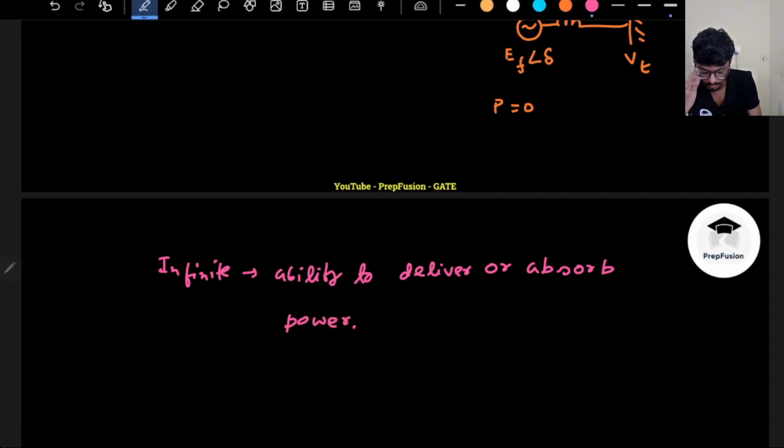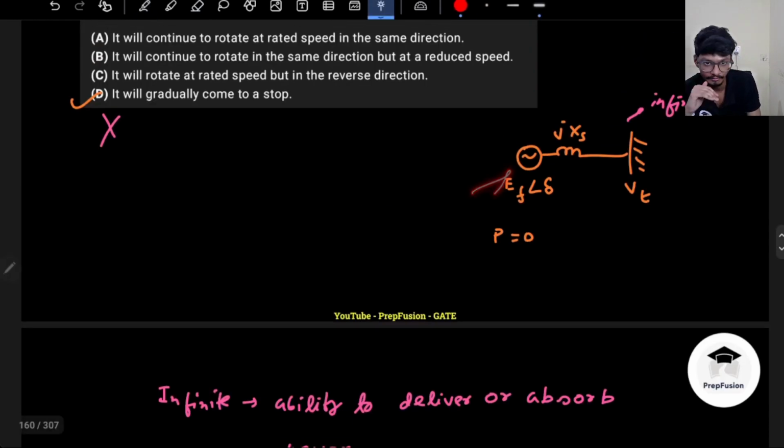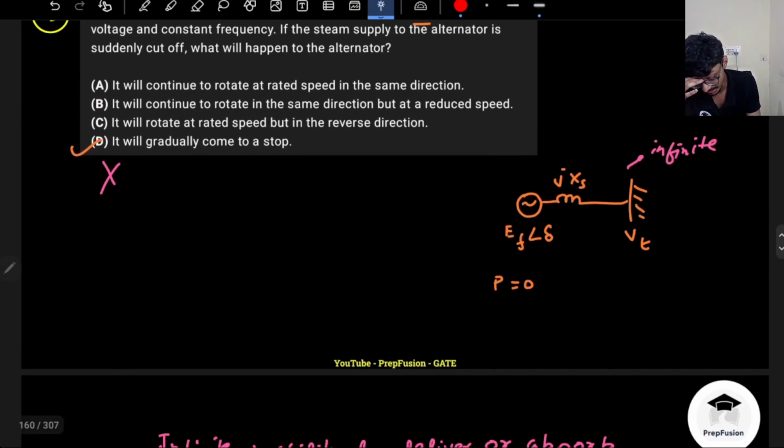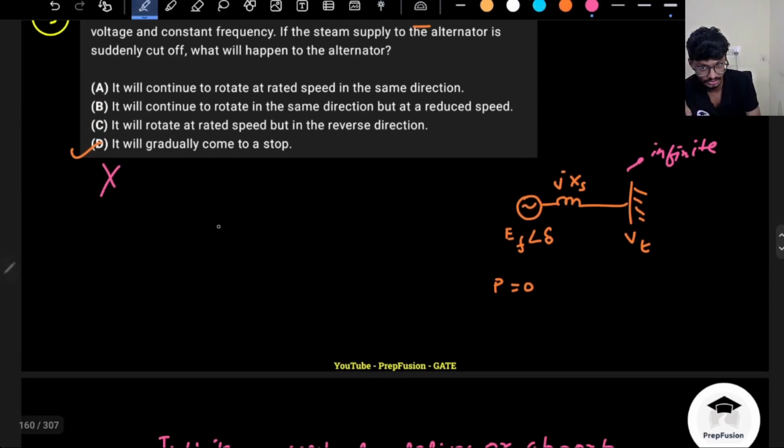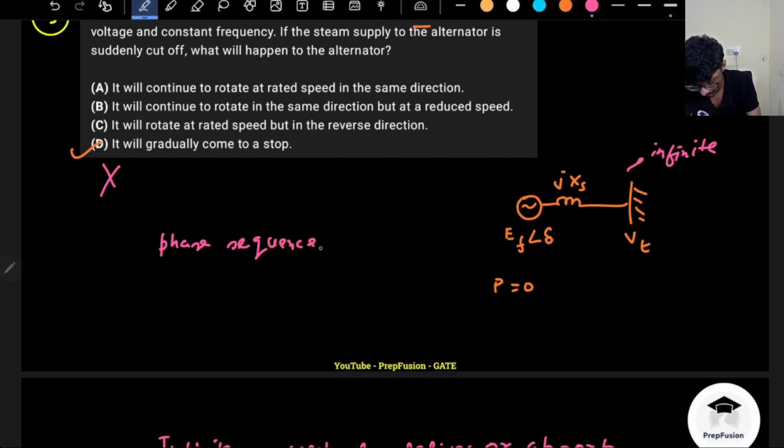So if suddenly the input to the prime mover is turned off, and field excitation is still there, and one condition has to be satisfied, that the phase sequence is the same. Of course the phase sequence will be the same because the generator was already synchronized. What will happen? Then the generator will work as a motor.